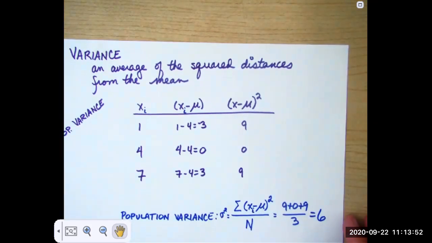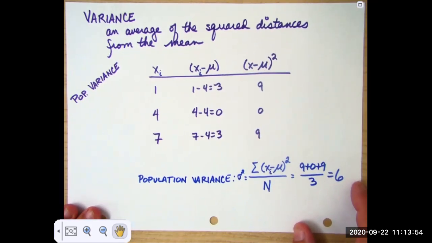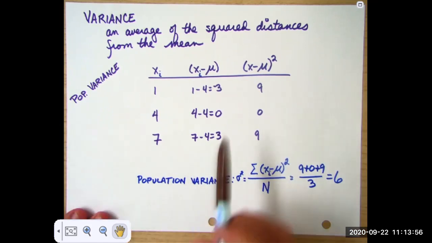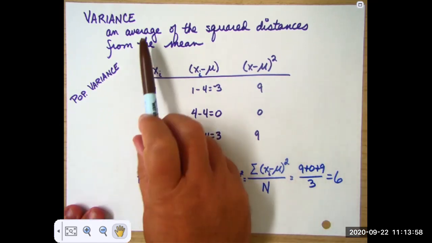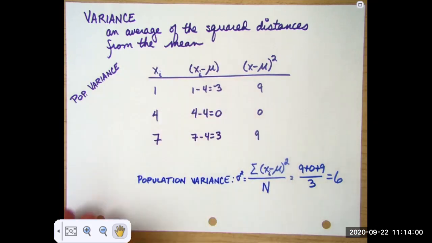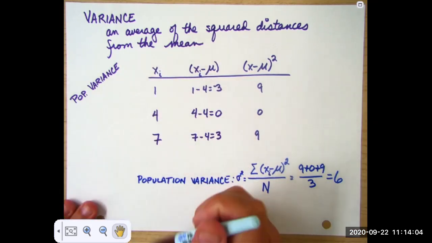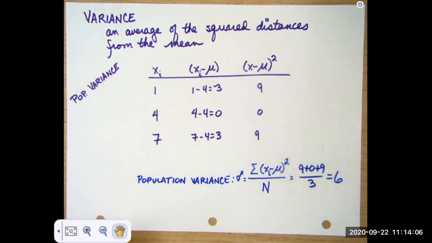So let's focus on the population variance for a minute. I define variance as an average of the squared distances from the mean. Now, it's silly to take a variance of a data set that has only 3 points in it, but let's do it just for explanatory purposes.